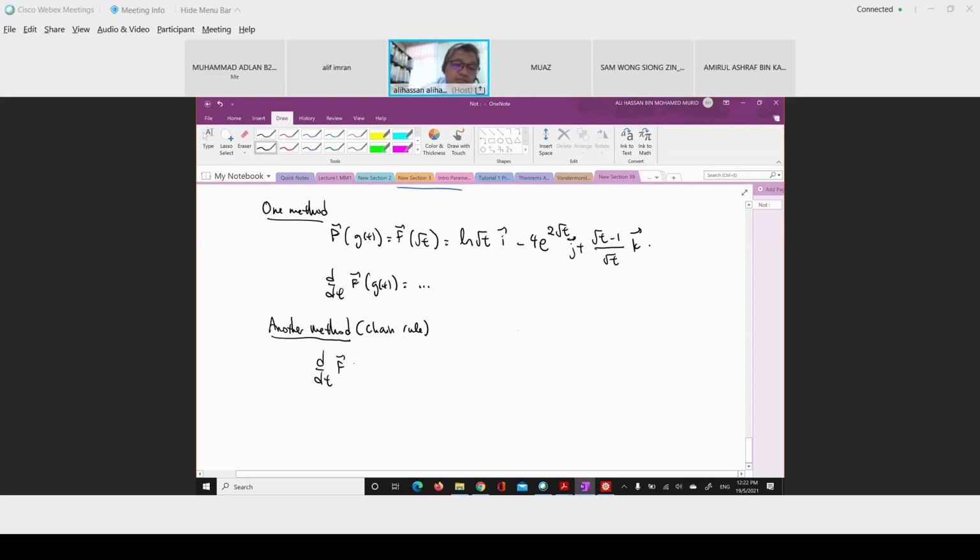The derivative of f of g of t is equal to d/du of f of u, f prime of u, times du/dt, where u is equal to g of t. We let u equal g of t and then differentiate u with respect to t.